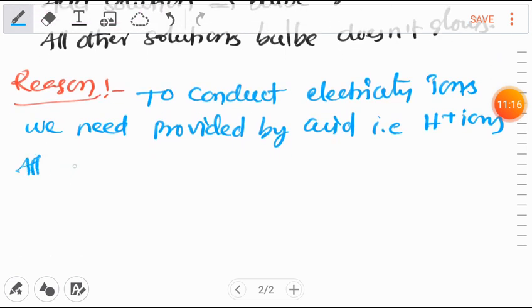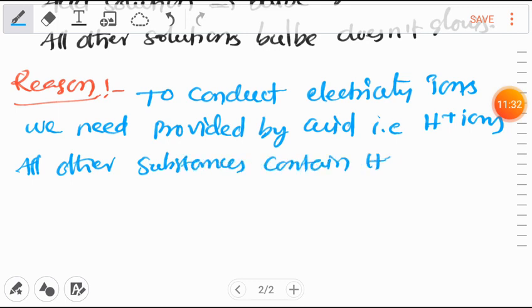All the others have hydrogens, but they do not release H plus ions. All other substances contain H plus ions but do not release them.